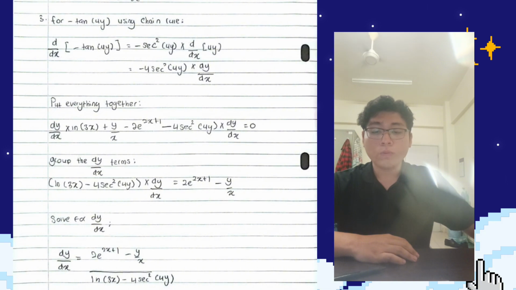And then group the dy per dx terms and it will become (ln 3x minus 4 sec squared 4y) multiply dy per dx equal to 2e to the power of 2x plus 1 minus 1 per x. So solve for dy per dx and it will become (2e to the power of 2x plus 1 minus 1 per x) divided by (ln 3x minus 4 sec squared 4y).